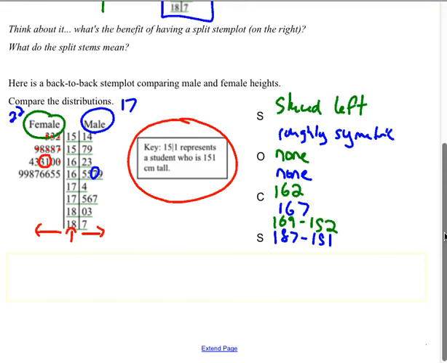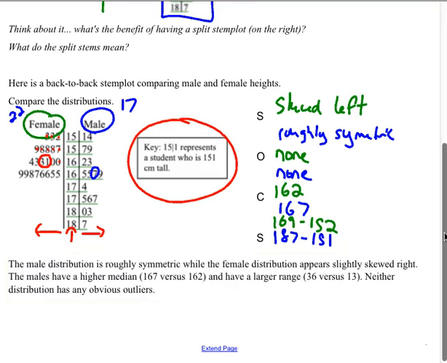Okay, so notice I collected all of my thoughts together first. Now let's put them in sentences. So the male distribution is roughly symmetric, while the female distribution is slightly skewed. Whoops, I'm sorry, I wrote that wrong. This would not be to the right, this would be left.